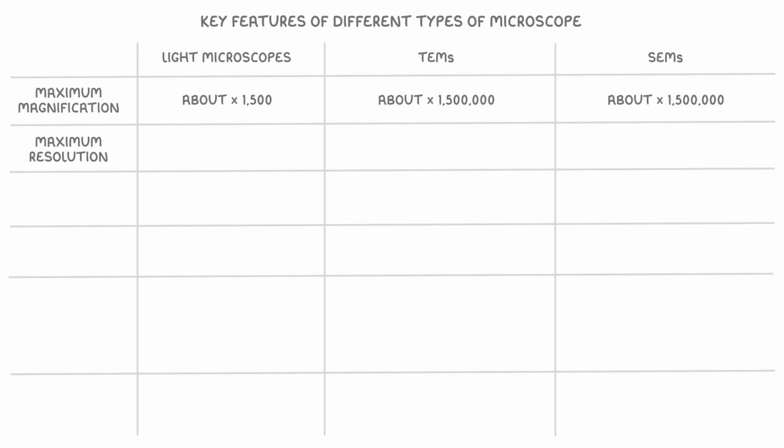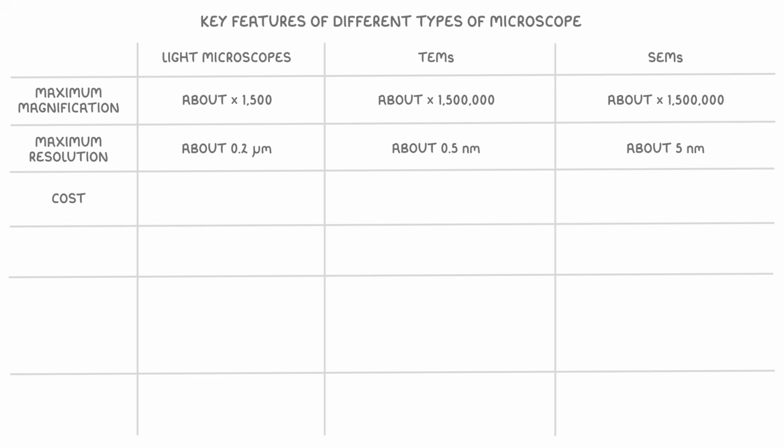When it comes to their maximum resolution, light microscopes have a resolution of about 0.2 micrometers, while TEMs have a much finer resolution of about 0.5 nanometers, and SEMs have a resolution of about 5 nanometers. This means electron microscopes, especially TEMs, can show much finer detail than light microscopes can.